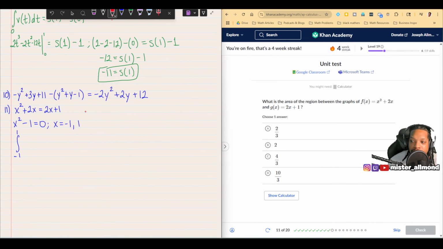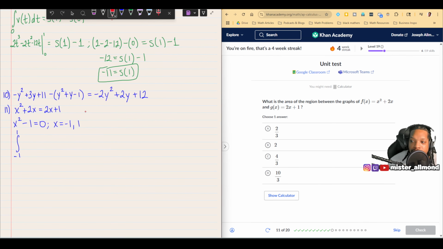So f of 0 is 0, and g of 0 is 1. So my g of x is going to be on top, so I'm going to do that function first. It'll be 2x plus 1, subtract my bottom function, which is x squared plus 2x, dx. All right, now before I integrate, I'm going to simplify.